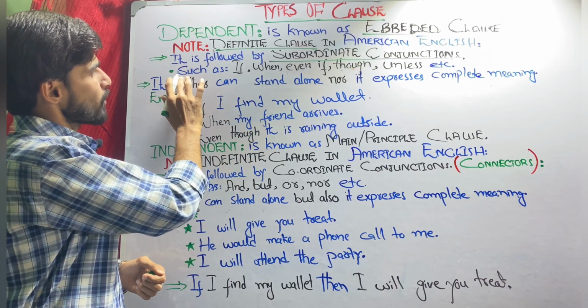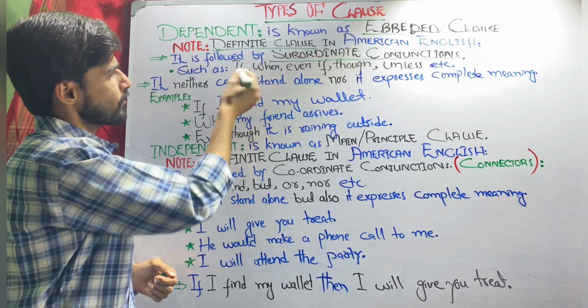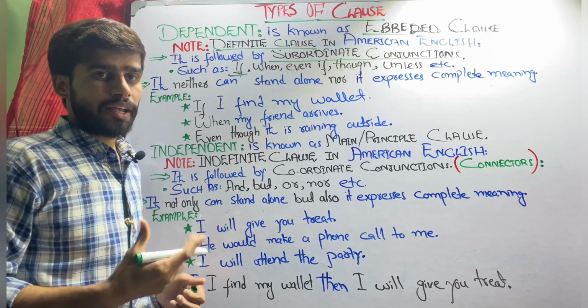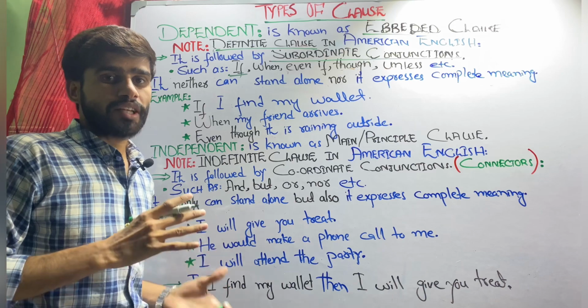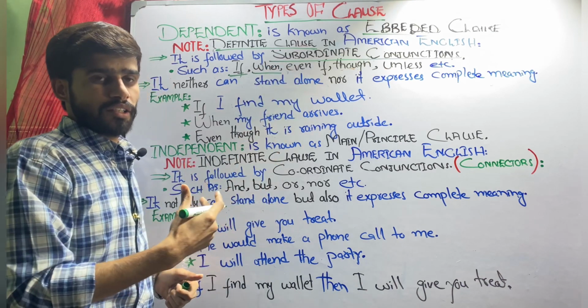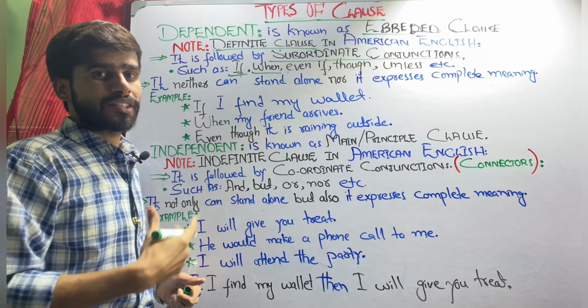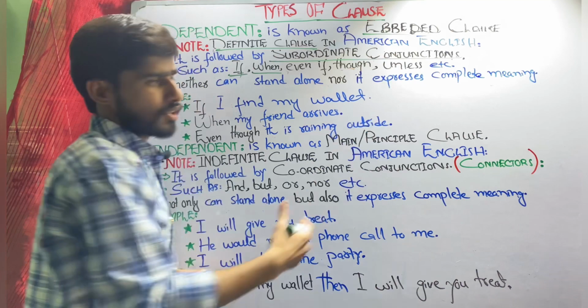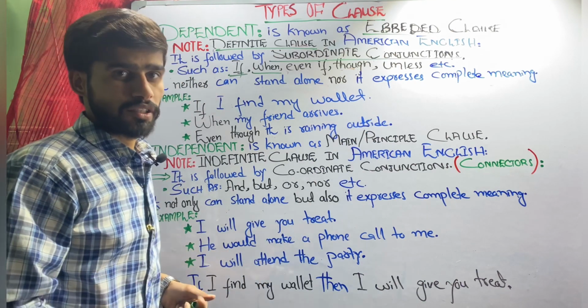One thing you have to keep in mind: for instance, if a dependent clause begins with if, it is known as an if clause as well. Rarely, people use a dependent clause as a when clause as well. Even if, though, unless are types of subordinating conjunction.